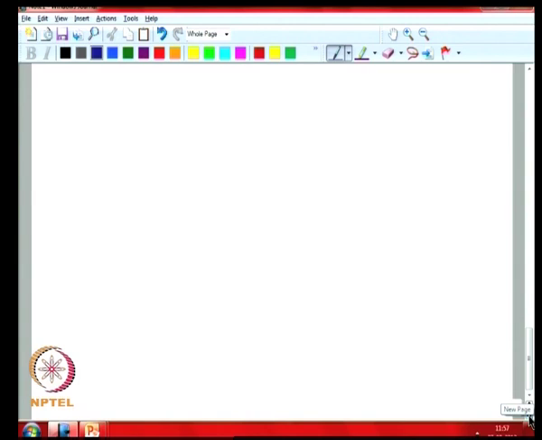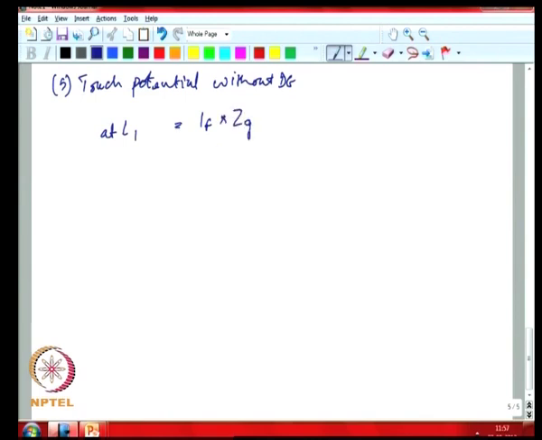So, the first thing we will look at is touch potential without the DG. So, at L1 this would be the fault current going into the fault times your Z of your grounding, which is 30 amps into 4.